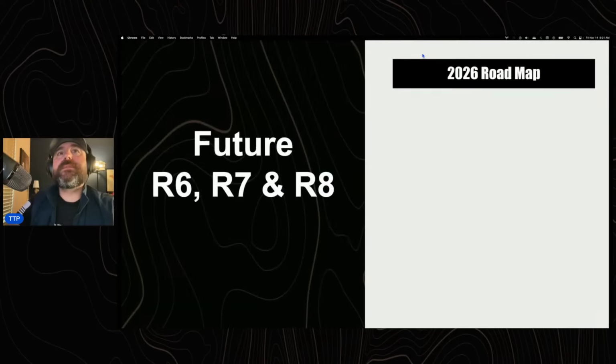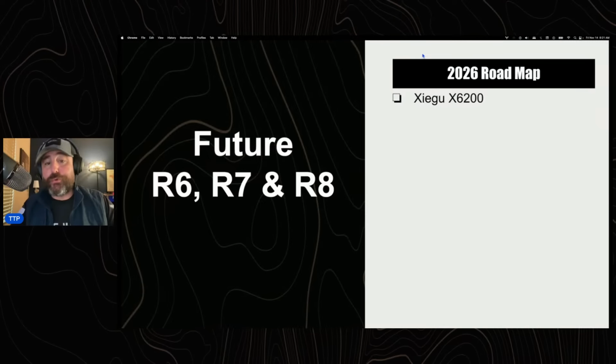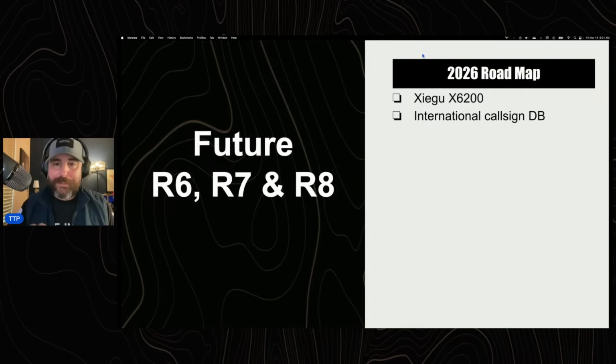So I think I'm almost at the end of my presentation. So let's talk about the future roadmap for R6, R7, and R8. All three of these releases are going to be done next year. And I haven't quite figured out the order, but Xiegu X6200 will go into an early build. There will be support for international call sign lookups. Again, I'm going to go market by market.